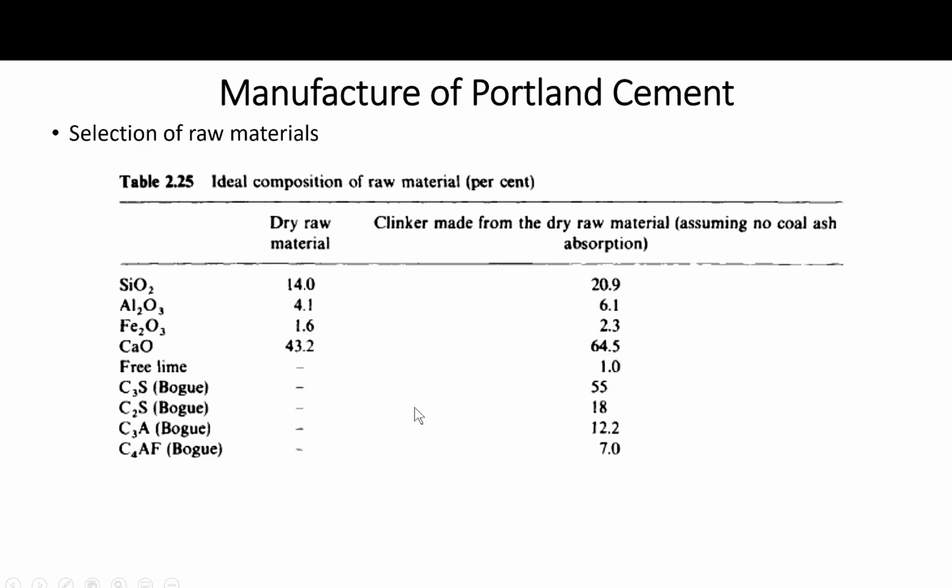The phase composition here, the C3S, C2S, C3A, C4AF, are calculated based on the Bogue method, Bogue equations, and we will talk about these coming up, but just keep that in mind. So we need certain oxide composition of the clinker in order to have this phase composition. And this is the dry raw material composition we need in order to get this.